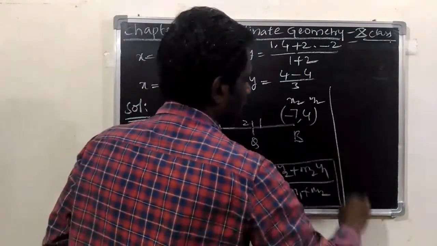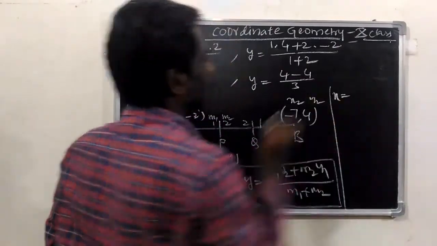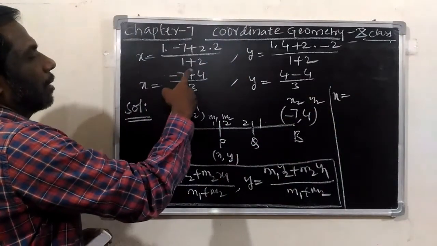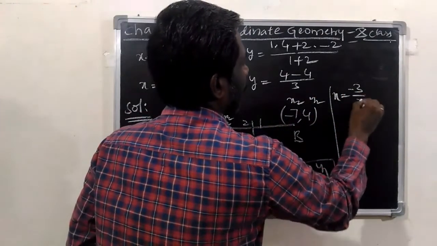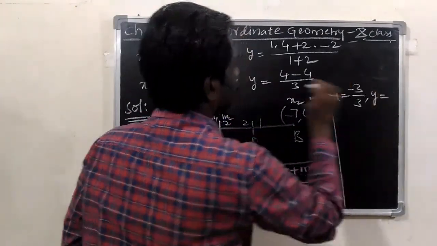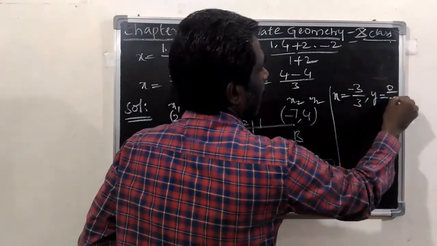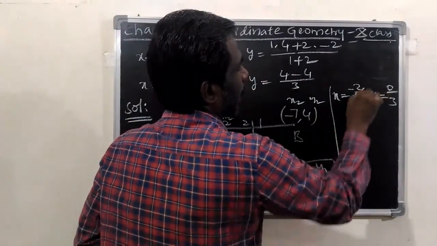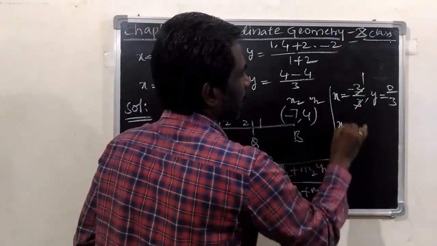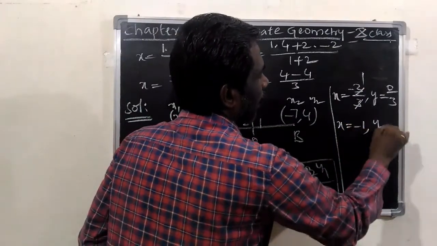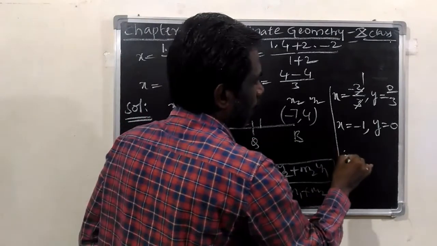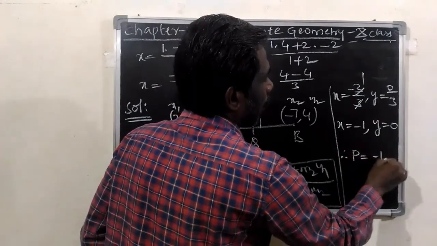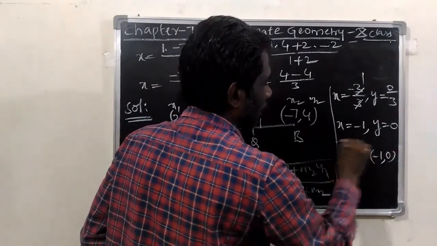Now x equals -7 plus 4, which is -3, by 3, and y equals 4 minus 4, which is 0, by 3. So we cancel it once. x equals -1, and y equals 0 by anything, which is 0. Therefore P is (-1, 0).